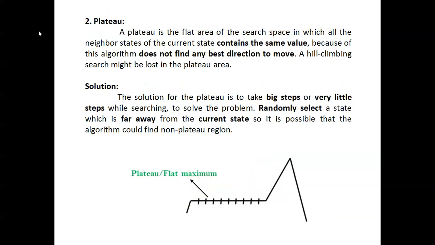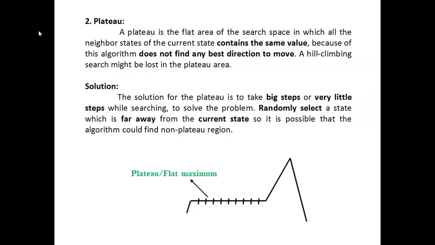A plateau is a region of continuous same value where the algorithm does not find any best direction to move. A hill climbing search might get lost in the plateau area. Where do we go? We can't search because everywhere has the same value. That's a plateau region.